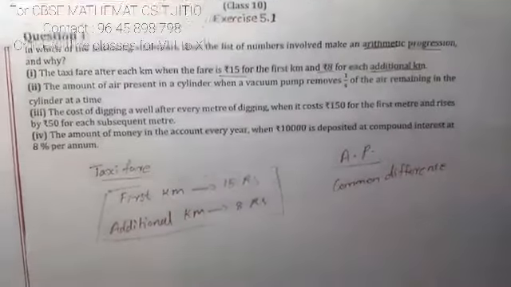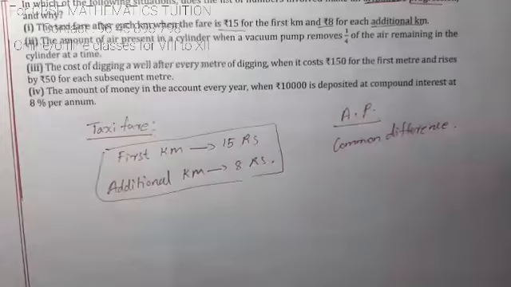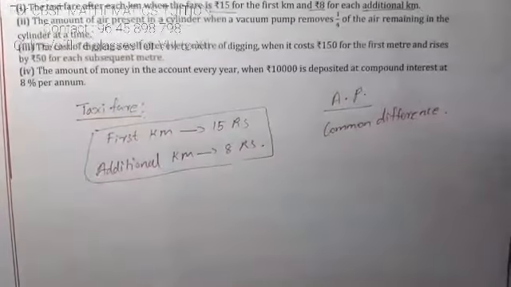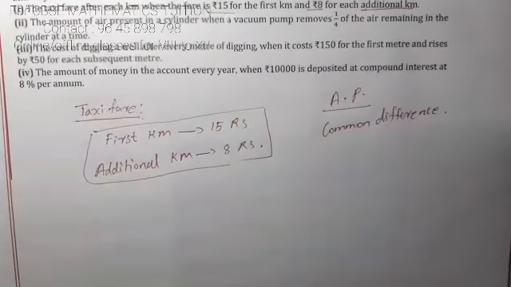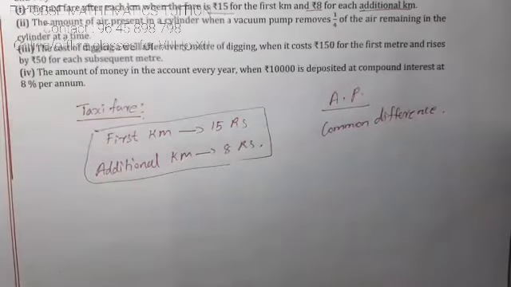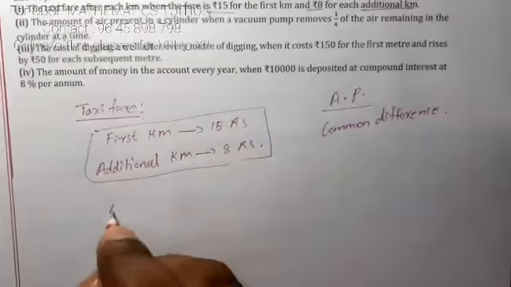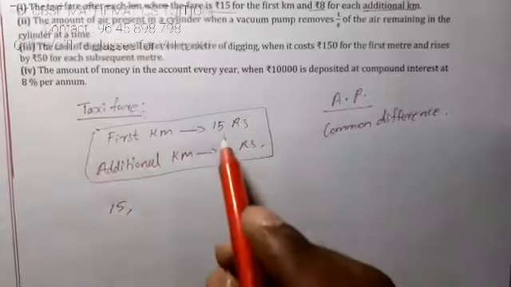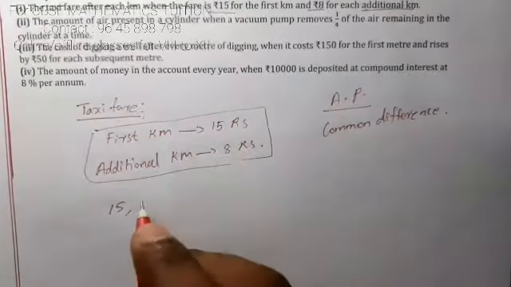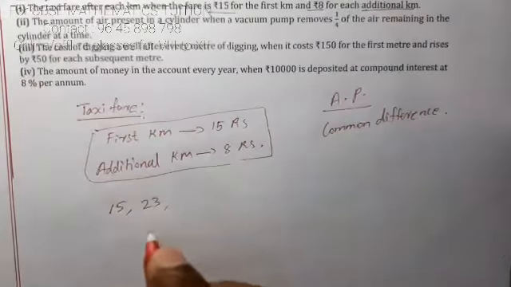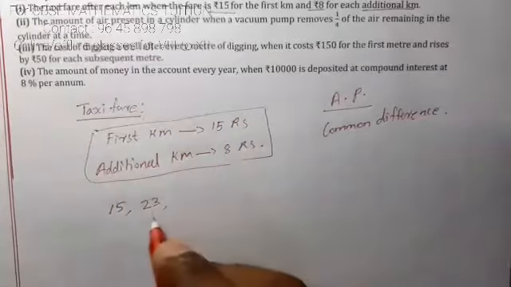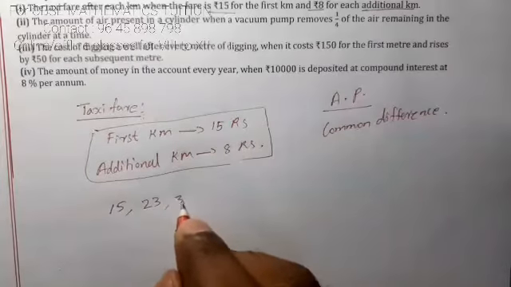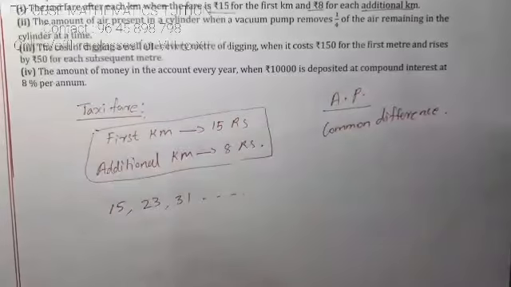Common difference means, in a list of numbers, the second number minus first number, or third number minus second number, or we can say the difference of two consecutive terms. So here the first term is 15, second term will be 15 plus 8, 23. Again we are adding 8, so it will be 31, etc.